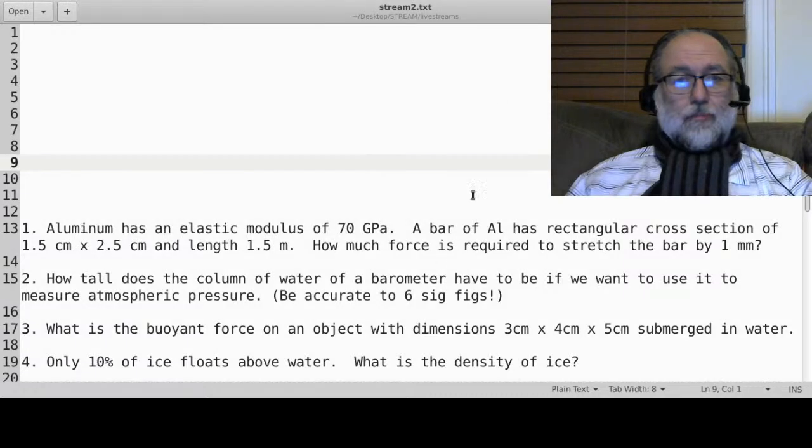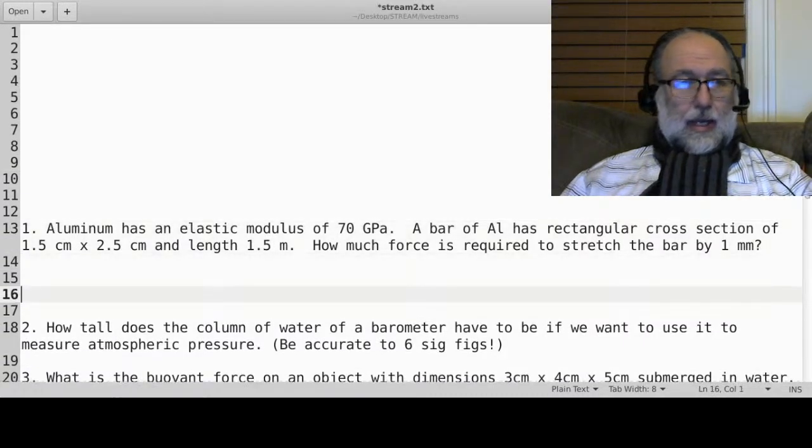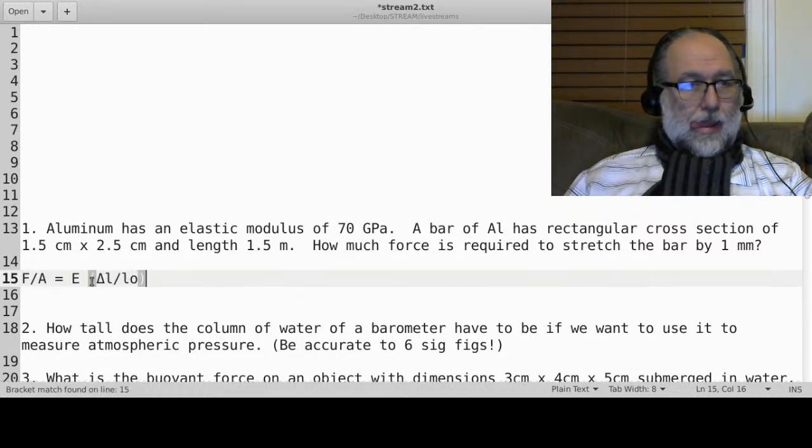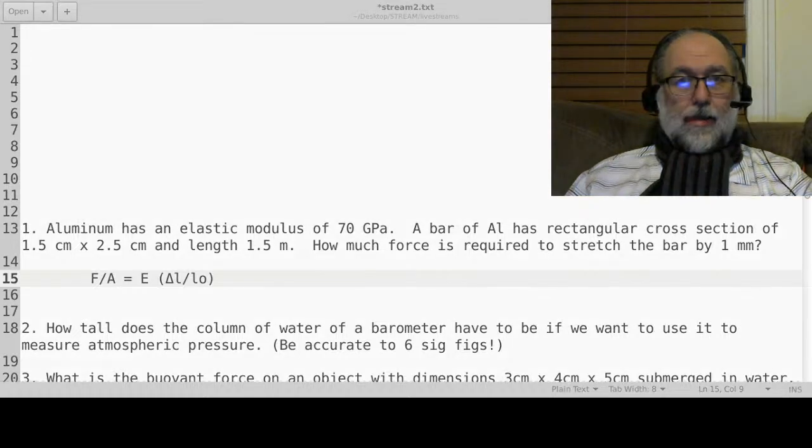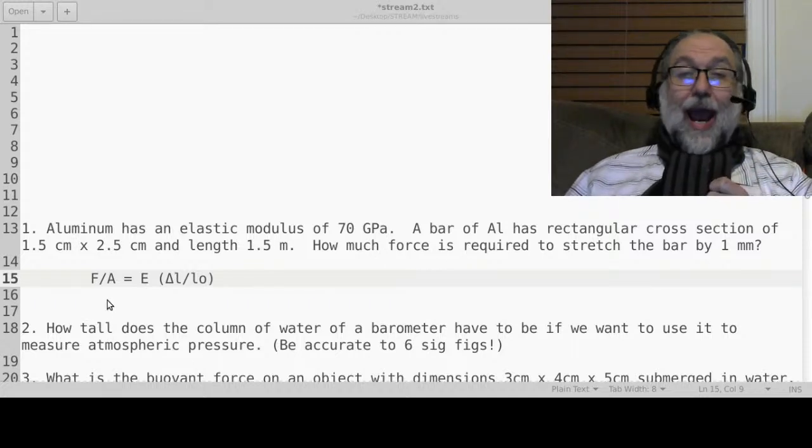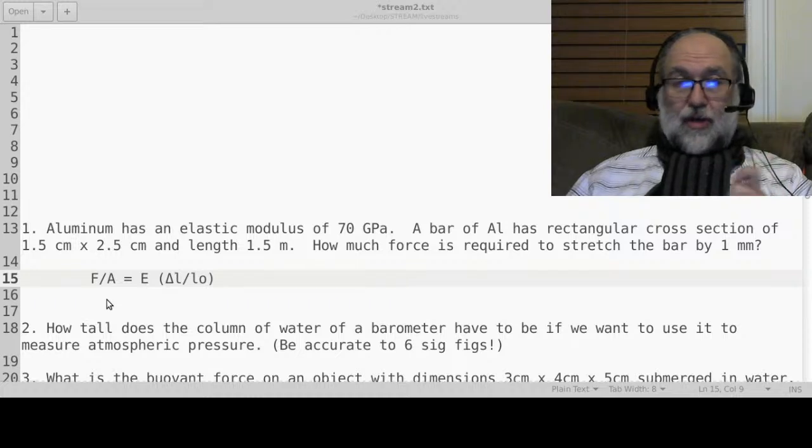So how do you do this? Switch over to here, and the formula is this one right here. F divided by A, where F is the amount of force required, which is what I'm asking for. A is the cross-sectional area of the object that you're stretching or compressing.